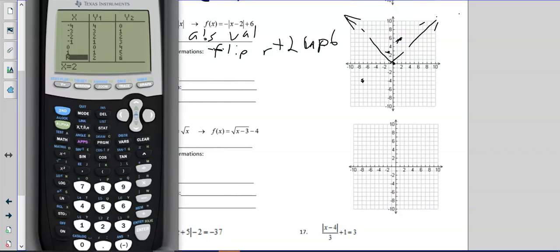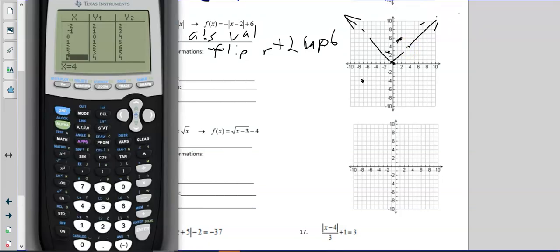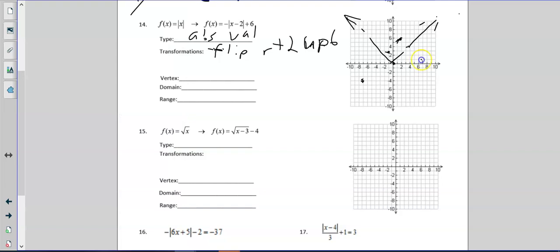Up here. And then you see after 2, 6, it's going to start coming down. So 4, 4. That's on both of them. And maybe 7, 1. That gives us a pretty good idea of what's happening here. And it's going up there and down there.